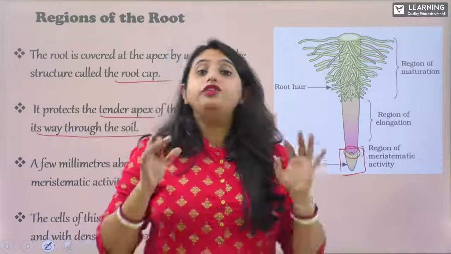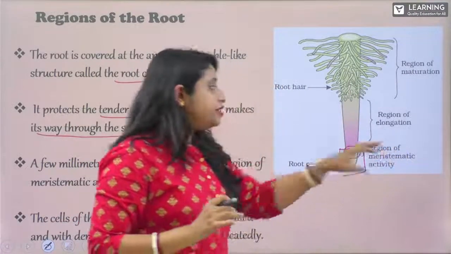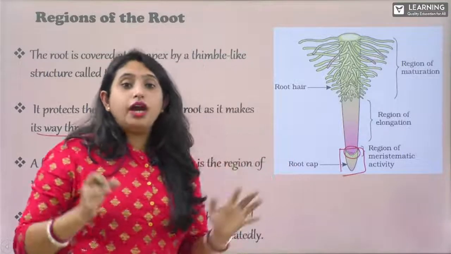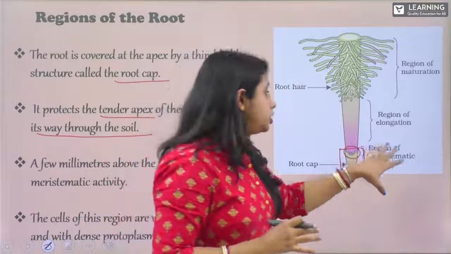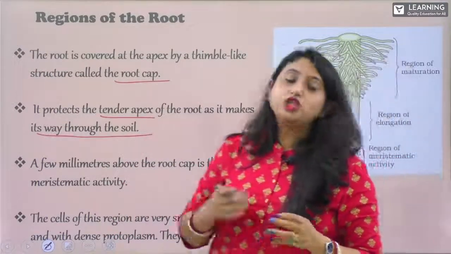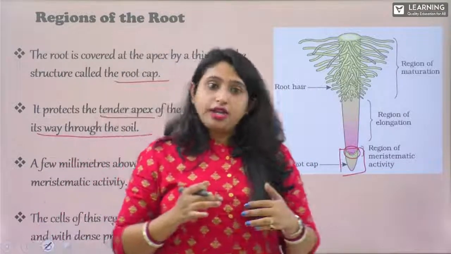They have a region of meristematic activity, which helps the cells divide rapidly. This region has meristematic cells, which have the capacity to divide rapidly.